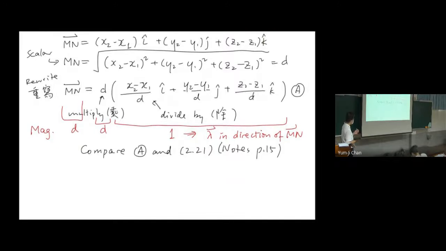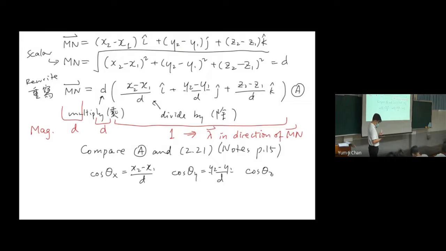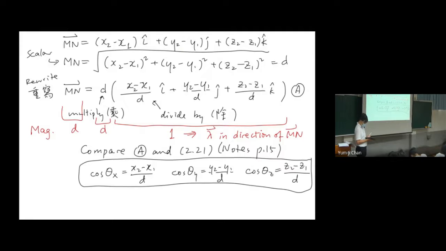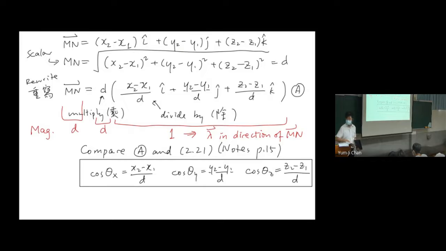So we get the following things. Remember, we have three direction cosines. If you answer these questions, you need to give three values to form one answer. This is 2.30 on page 58 of your book.